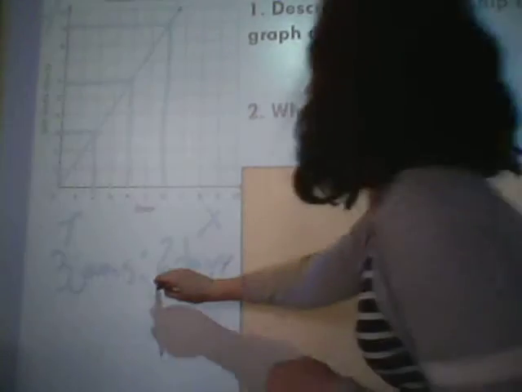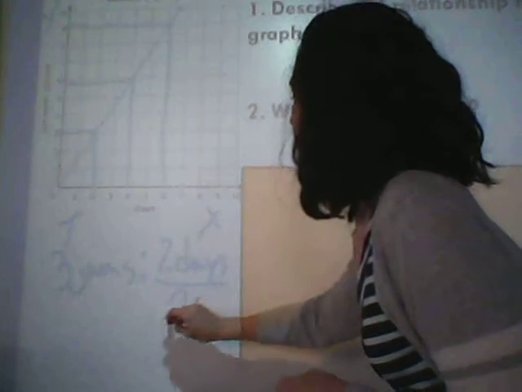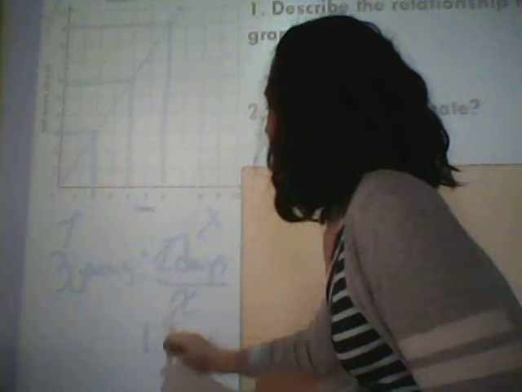How could I get my days from 2 to 1? If I want that to read amount per 1, what would I possibly do? I could divide by 2 on both sides. So 2 divided by 2 will leave 1 day.